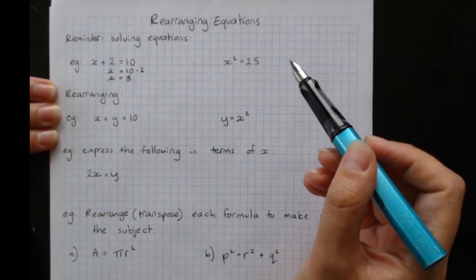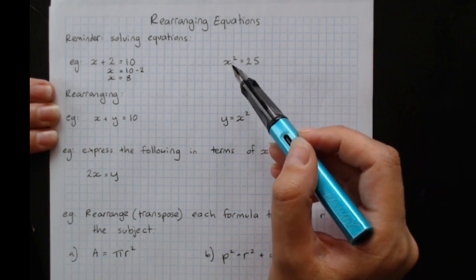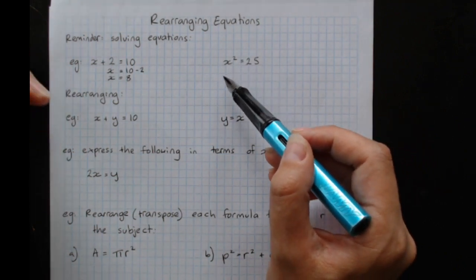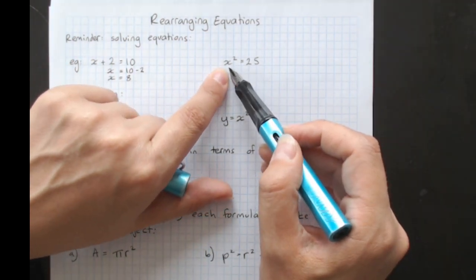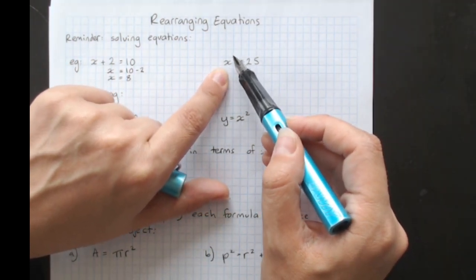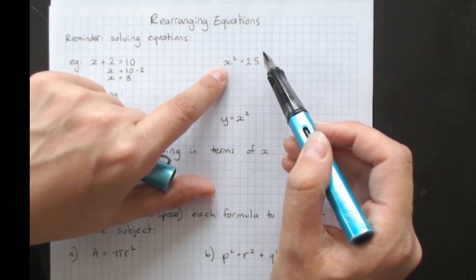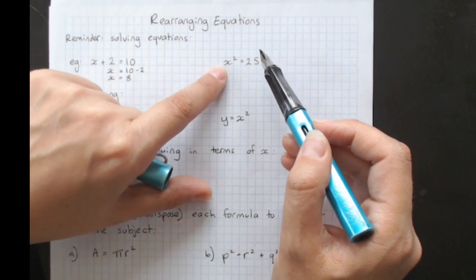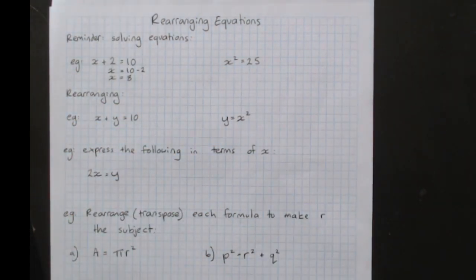Now we do need to be able to solve equations when what was done to my original number was that it was squared. So they had a number, x, they squared it, and they got 25. We need to be able to reverse what's done when it's squared, and remember the reverse of squaring something is the square root.